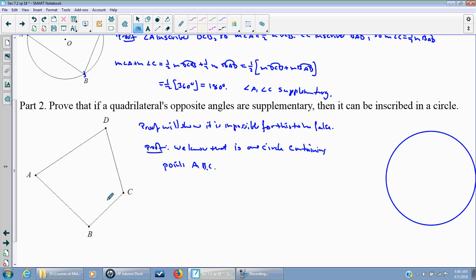And the way you find that is, you treat AB and BC like they were chords on a circle, and you find the intersection of the perpendicular bisectors, and that gives you a center, and you just draw the circle that goes that way.